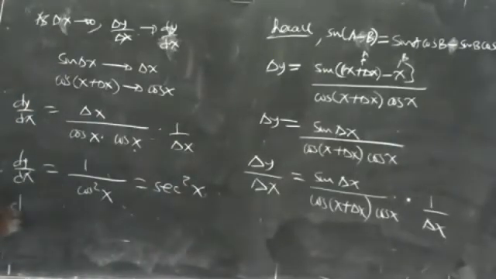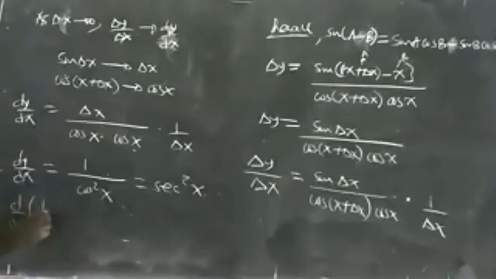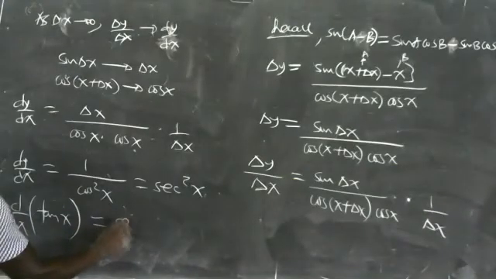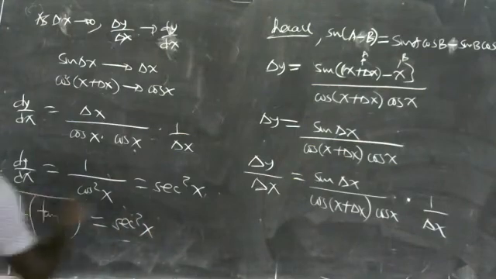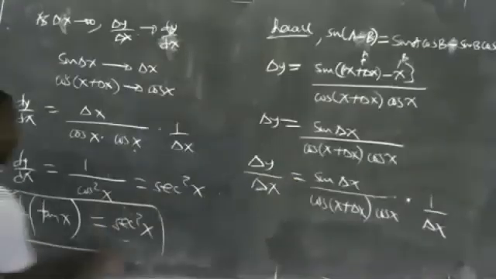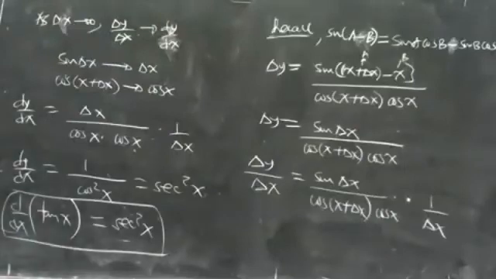Therefore the derivative of tan x is sec squared x. Yeah, that's what you get.